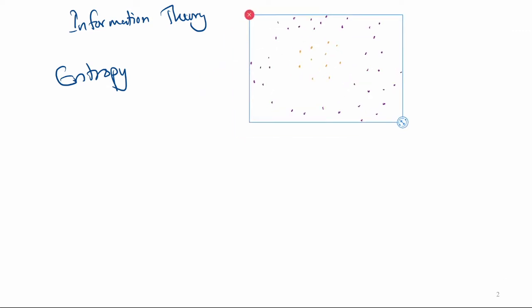So we are basically looking at this and trying to decide how much information is there. Let's say if it was entirely purple, then we pick something and we are entirely sure that anything we pick would be purple.